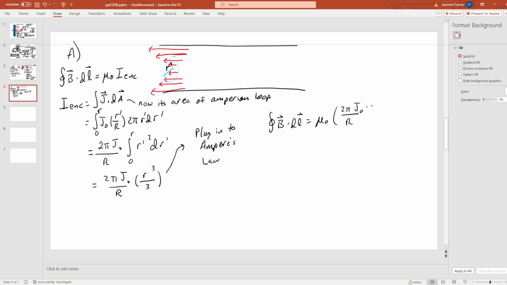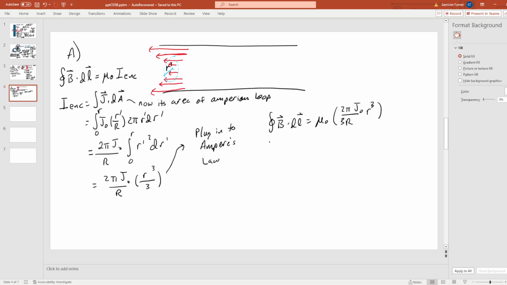So this is now 2/3 pi J naught over R times lowercase r cubed. All right.